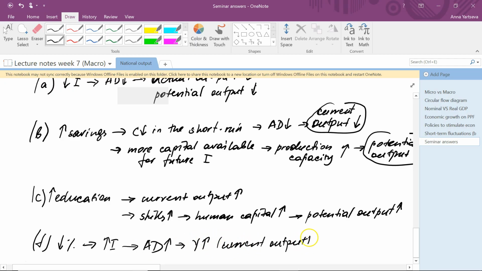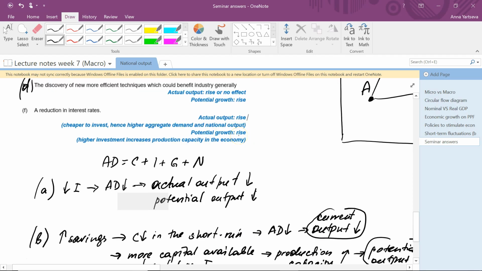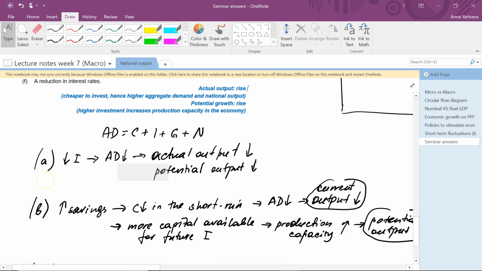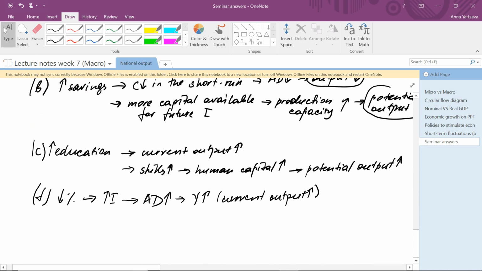But apart from this, potential growth will also rise, because when costs of borrowing are low and companies are investing for the future, it will increase production capacity in the economy. So high investment will also increase potential output in the future. We create additional capital, additional capacity, by investing in our machinery, equipment, and so on. And as a result, potential output will increase.